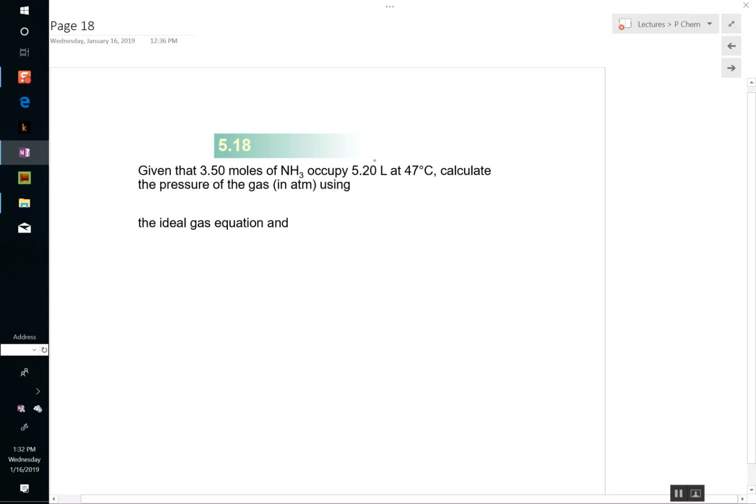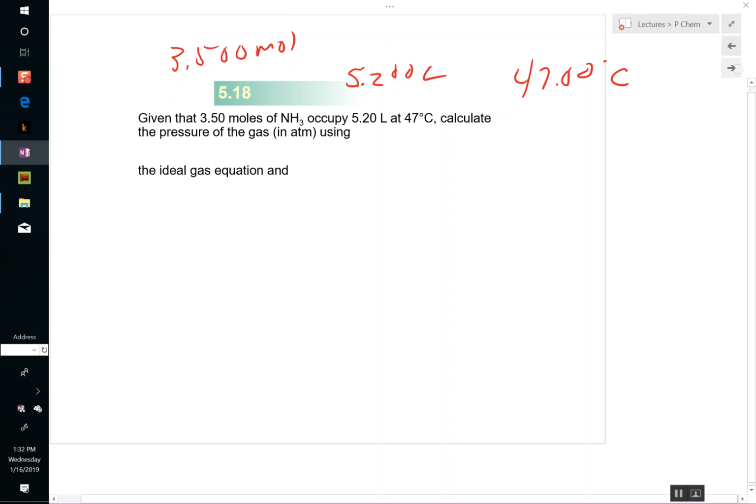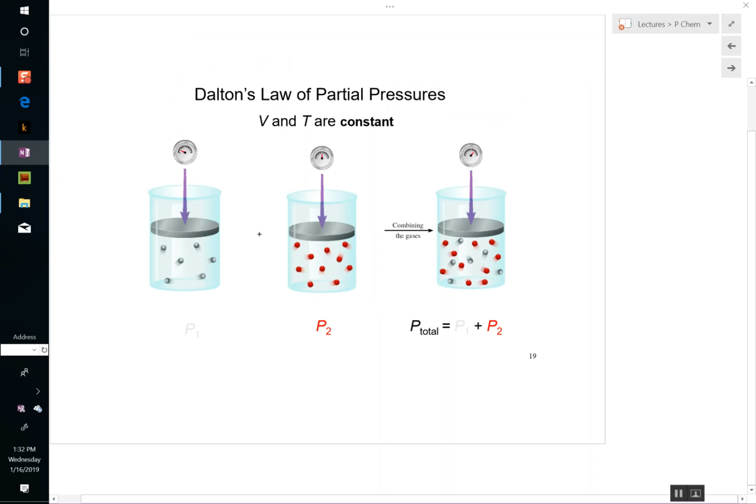In your homework problem, I have gone up to a little bit more significant figures on all of this. All right, that's pretty straightforward. The ideal gas law. All right, let's mention Dalton a little bit, and I'm going to give you the homework, have you look at it, and it will be due Monday.